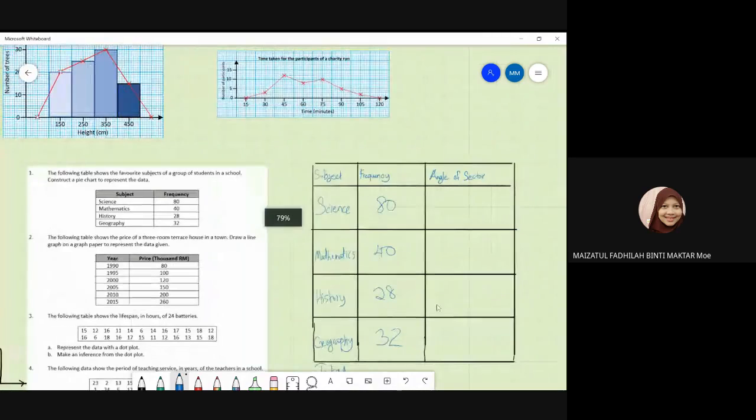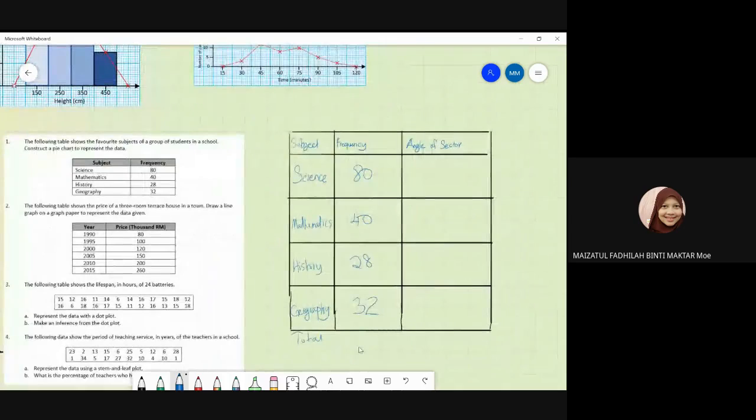Okay, but make sure you know the total of the frequency first, if you add all of the values. Hold on, I count this. 28 plus 32, you will get the total of the frequency is 180.